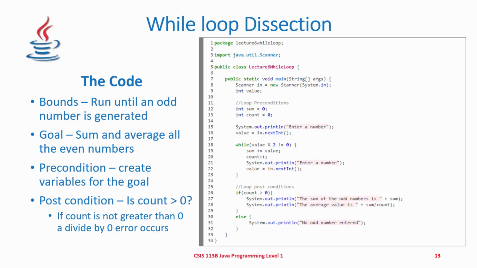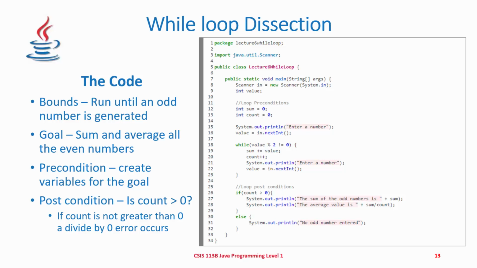Instead of random numbers being generated by a random number generator, the user is the random number generator. Then we create a couple of variables, sum and count. We're going to keep track of how many values, in this case odd numbers, we're counting so that we can come up with the average at the end of this problem. And sum is just going to be a running total of all of the odd values.